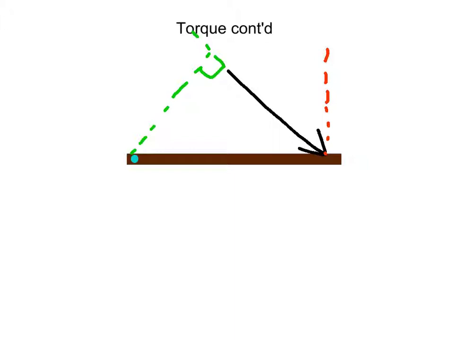Okay, now let's give a bit of an example here using some numbers just to solve it. So let's say we've got a given force of 100 newtons. Let's say it's applied at an angle of 30 degrees.